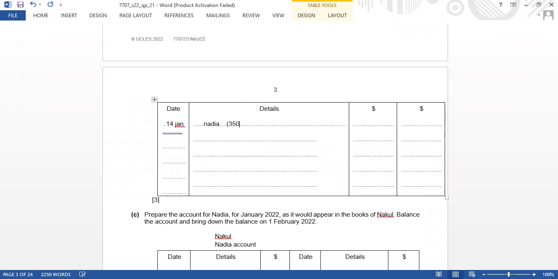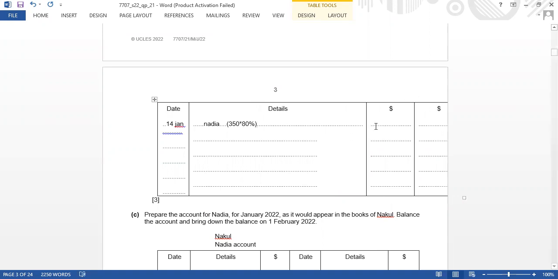List price, that means 80 multiplied by 80%. Then we have Sophia.